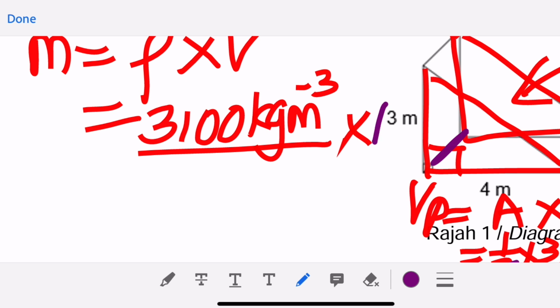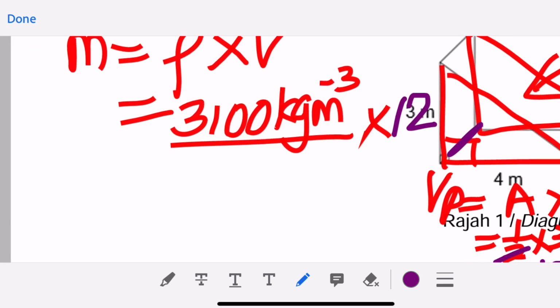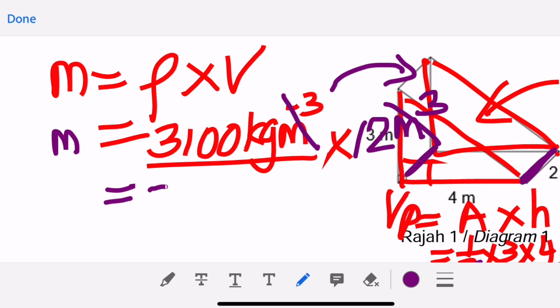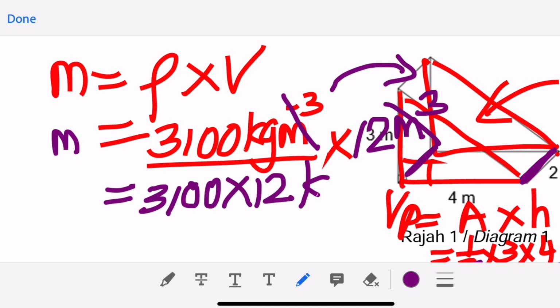So we have to times the 12. And then the mass for this prism, this metal, is this much. We have times with the volume, so you can cut the unit if you would want. So it's 3,100 times 12 kg, right?